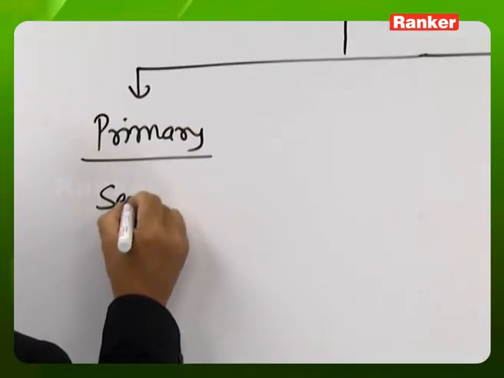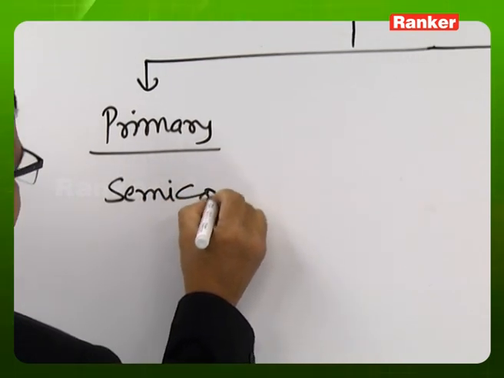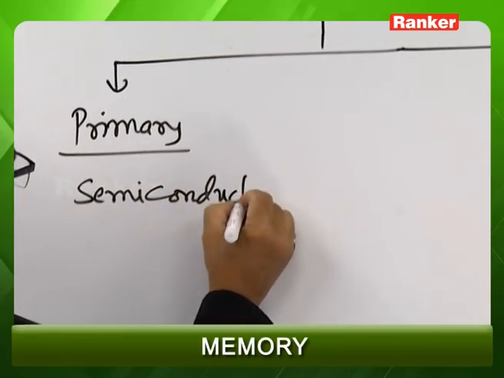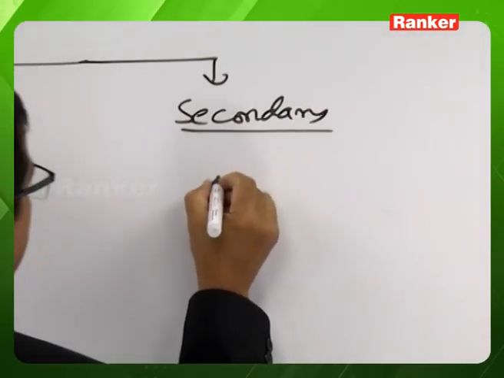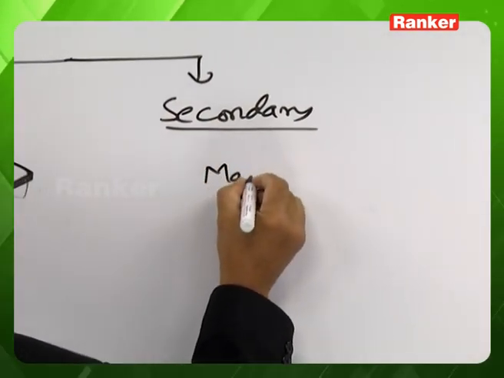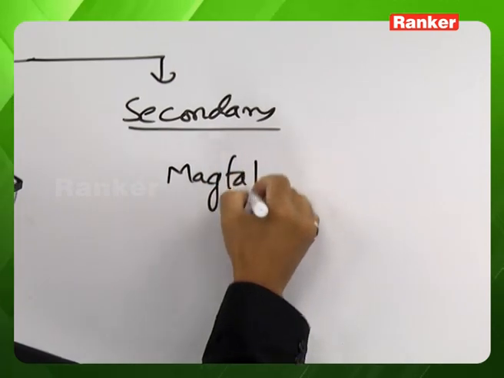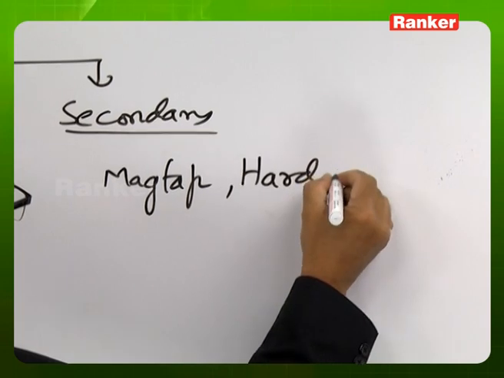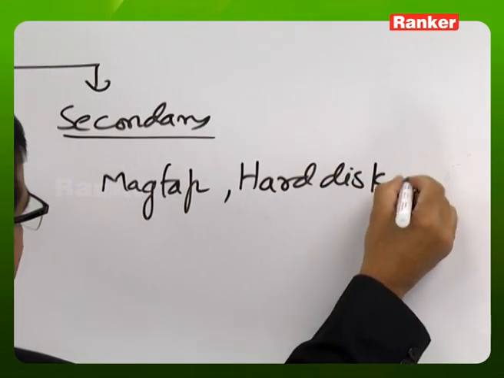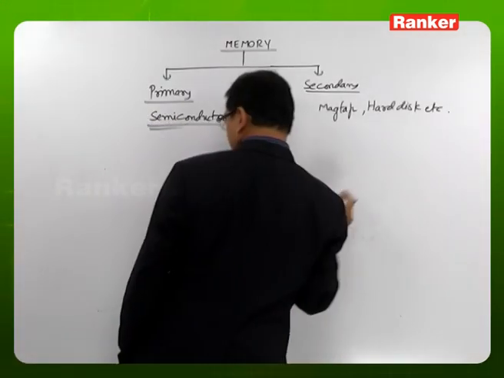In secondary memory, we look at magnetic tape, hard disk, etc.